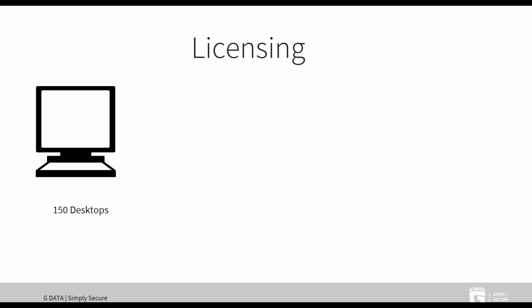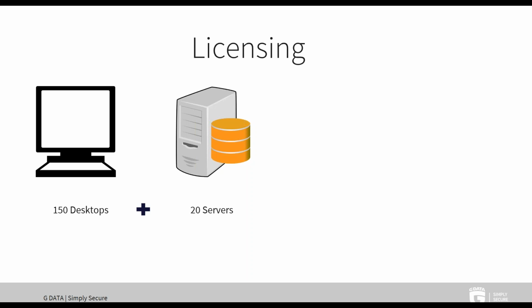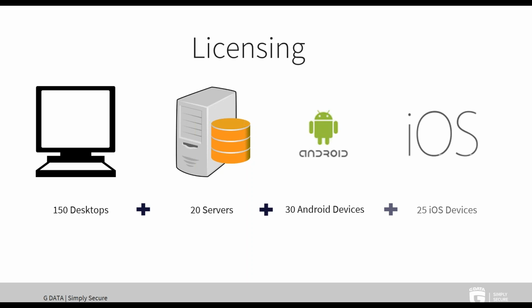For example, if you have 150 desktop PCs, 20 servers, 30 Android devices, and 25 iOS devices that you want to protect with our software, that would be in total 225 licenses. We do not differ between a PC and a server or a mobile device. It's one license per device that needs to be protected.